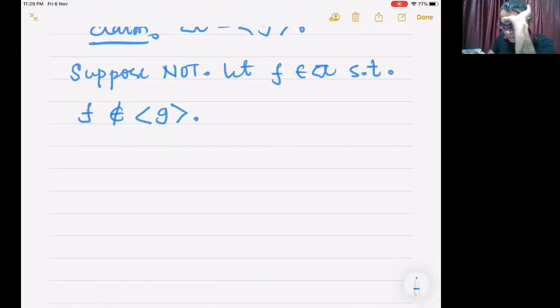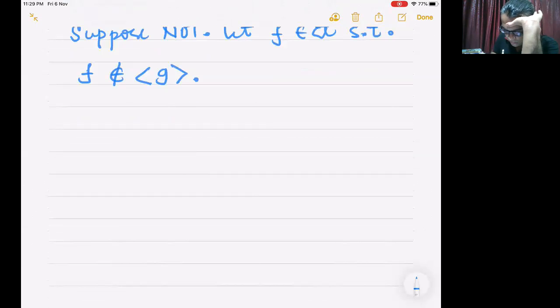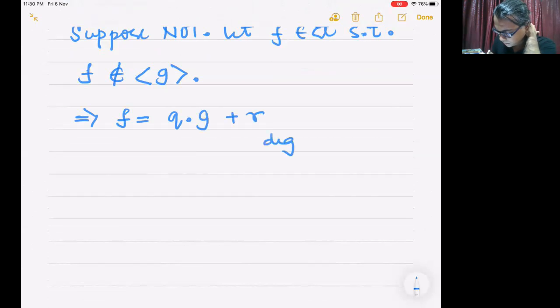Because F is not in (G), F is not a multiple of G. This means if I try and divide F by G, I must get a remainder. This implies F can be written as Q times G plus R, such that degree of R is strictly less than degree of G. Now this is a contradiction. Why?